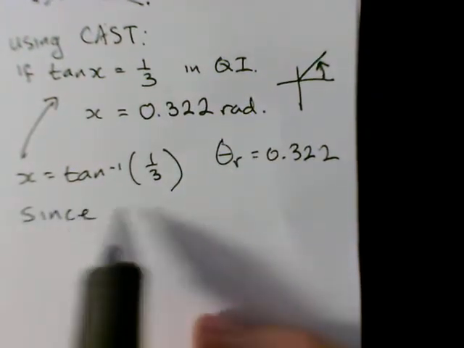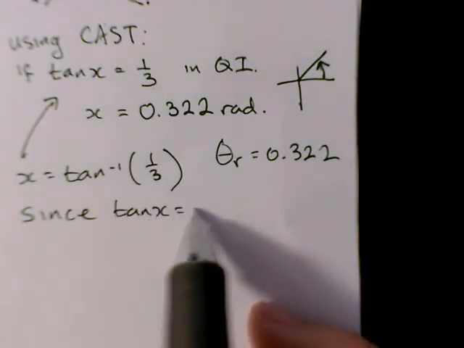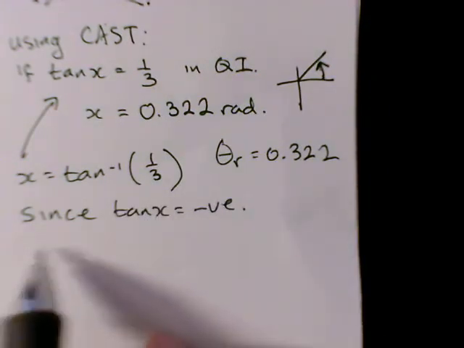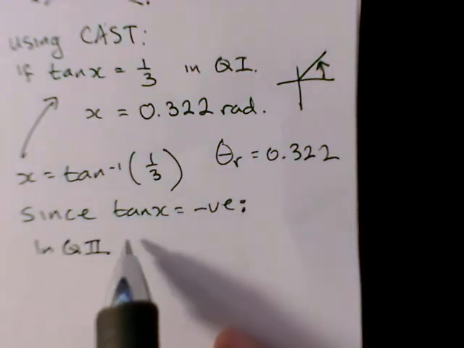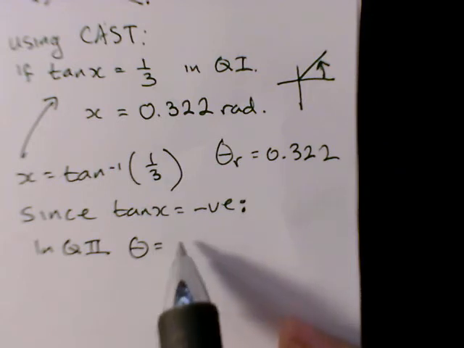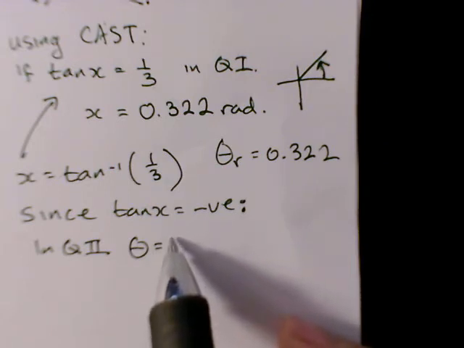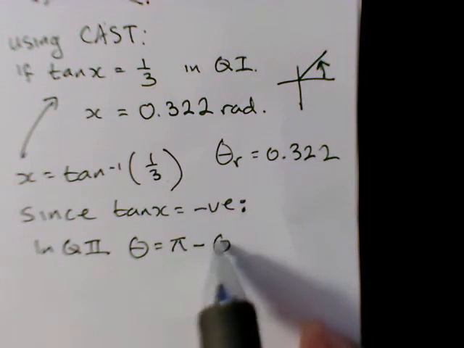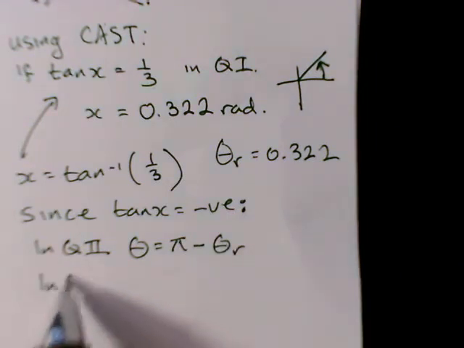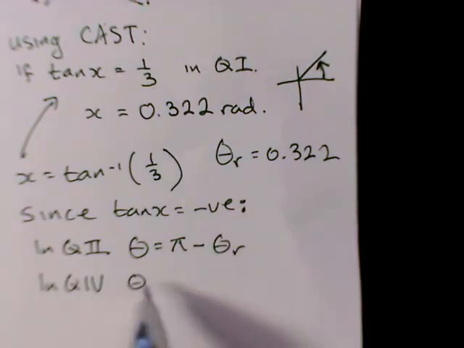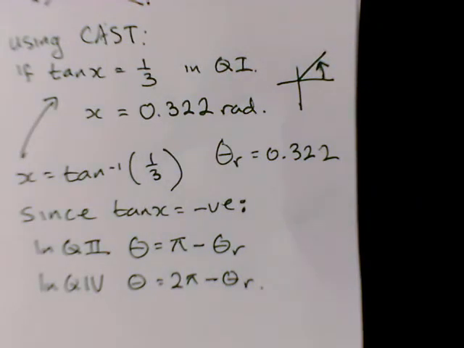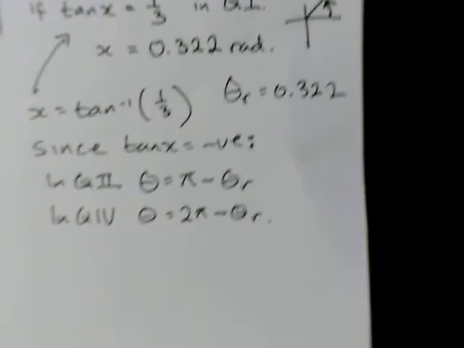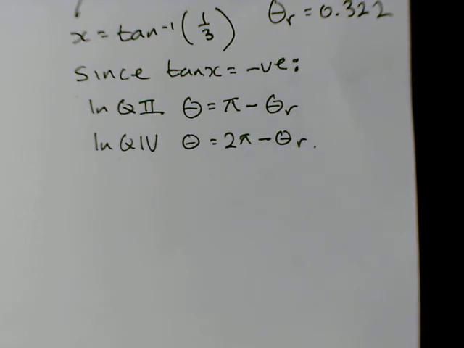So since tan x equals negative, in quadrant 2 my angle would be pi minus the related angle. In quadrant 4, my angle is 2 pi minus the related angle. So what are the two angles I'm dealing with?